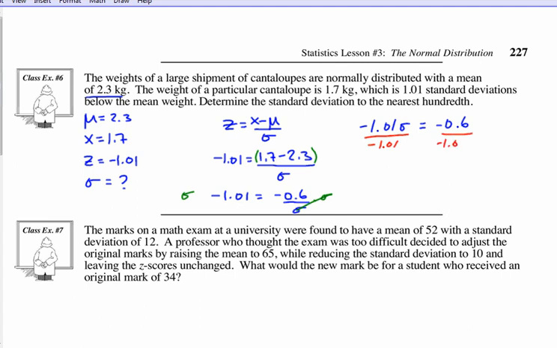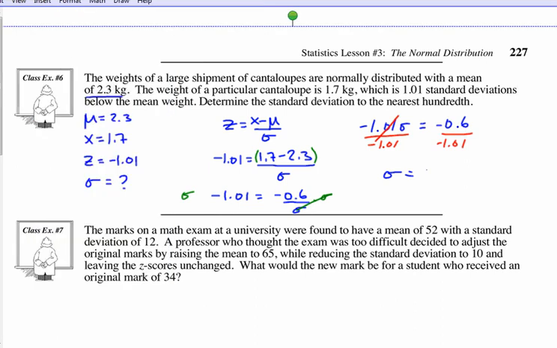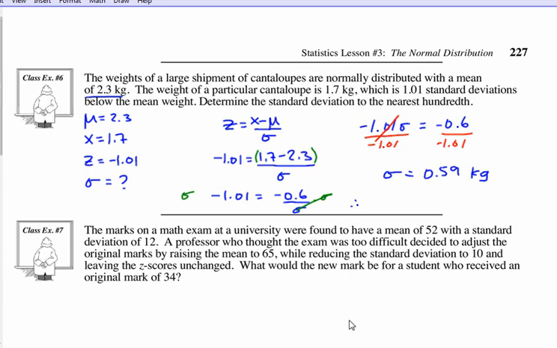So we're going to divide both sides by that to get sigma by itself. So negative 0.6 divided by negative 1.01 gives you positive 0.59 kilograms. So therefore, the standard deviation is 0.59 kilograms.